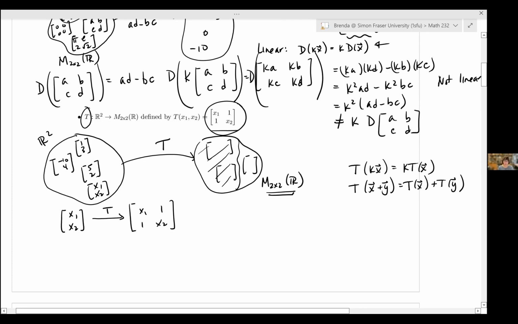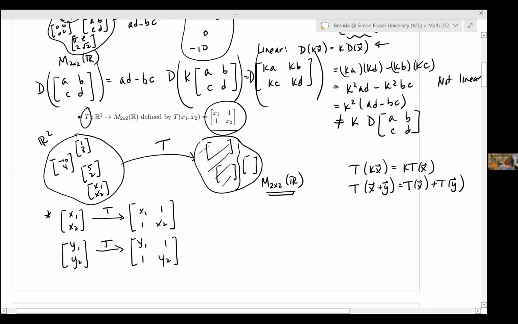That's what we need to check to decide if a transformation is linear. Okay, so this here is the case if the input vector is x1, x2. If the input vector is y1, y2, we apply the transformation, then we would get y1, 1, 1, y2.